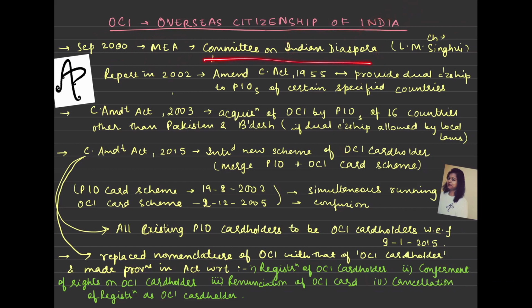The chairman was LM Singhvi. This committee gave its report 2 years later, in 2002, and recommended an amendment to the original Citizenship Act 1955. What should this amendment be about? It should provide dual citizenship to the PIOs of certain specified countries.